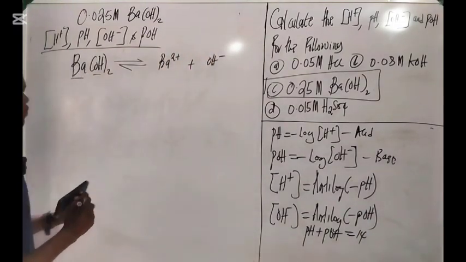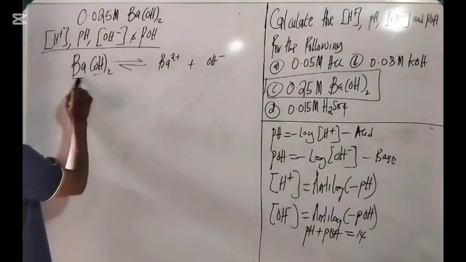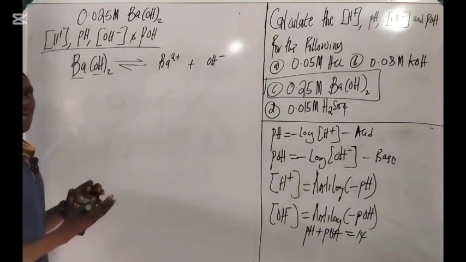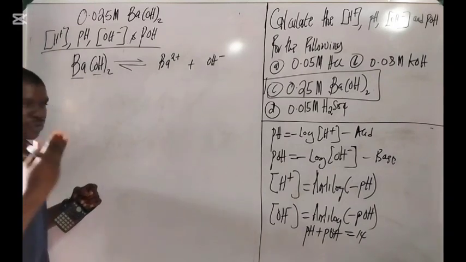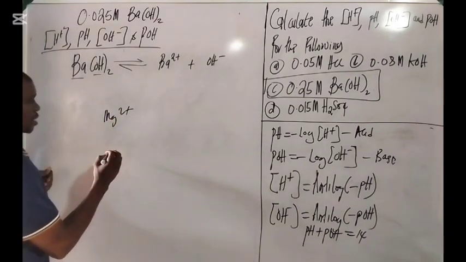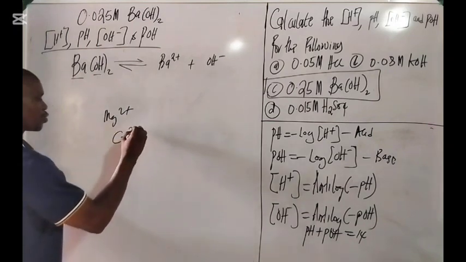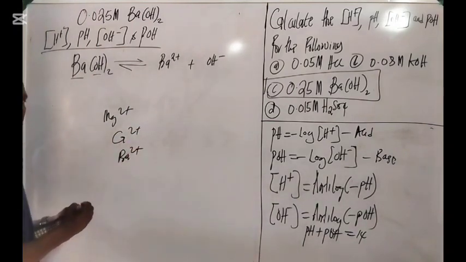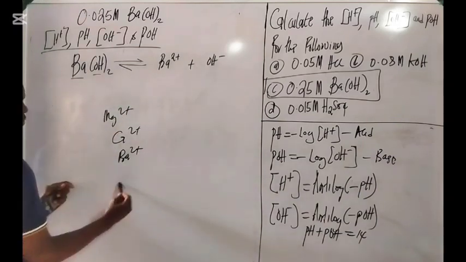How do I get this? Barium is a group 2 element, and group 2 elements have the ion 2 plus, like magnesium 2 plus, calcium 2 plus, and barium 2 plus.